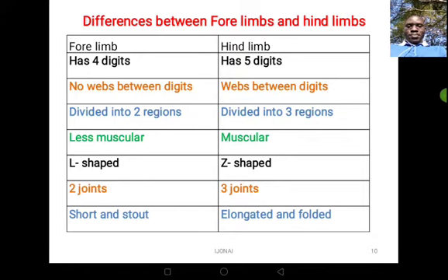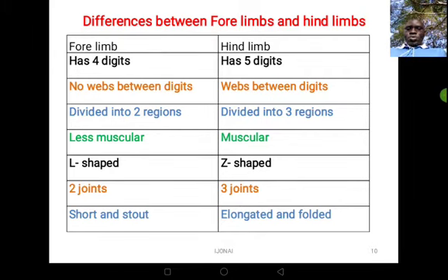The forelimb is less muscular and the hind limb is more muscular. There are more muscles, usually used for generating a strong propulsive force during hopping movements. When you look at the shape of the forelimb, it is more or less L shaped, and the hind limb is almost Z shaped.